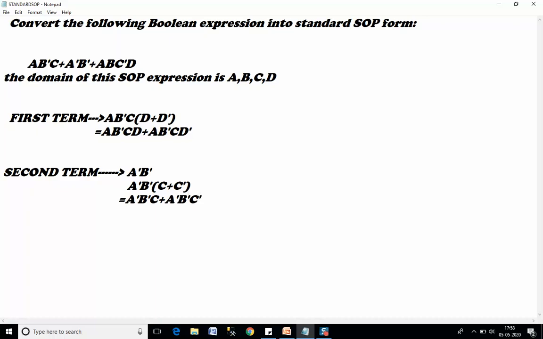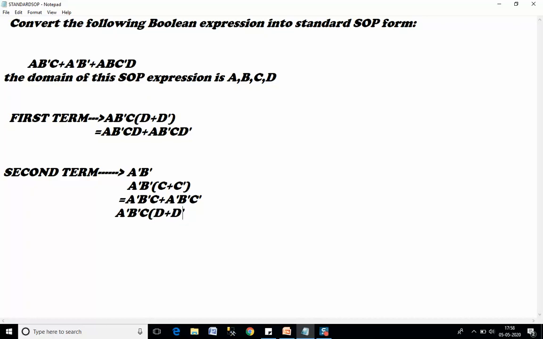Now if you see again, the term D is missing, because the domain of the SOP expression is in 4 variables. So we have to again multiply both these terms with the law. We write A complement B complement C multiplied by D or D complement.